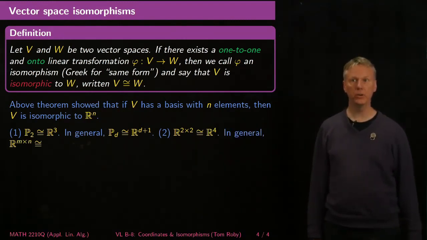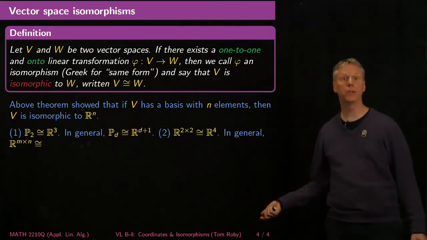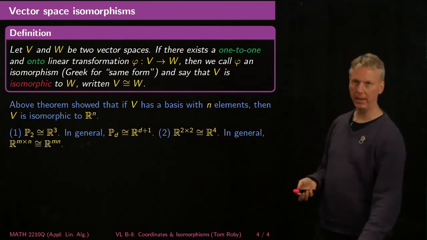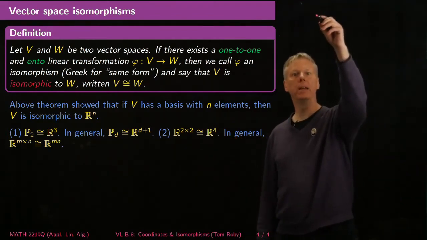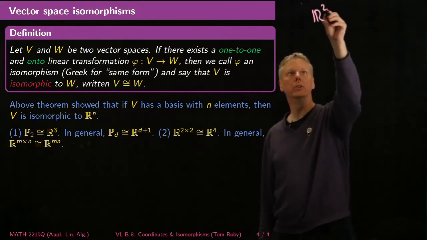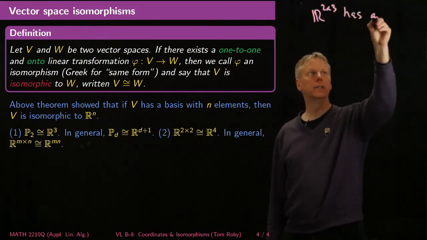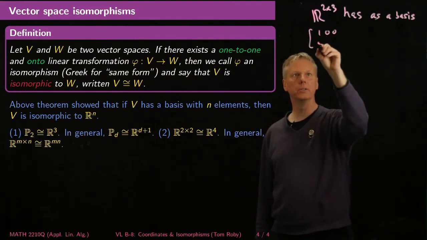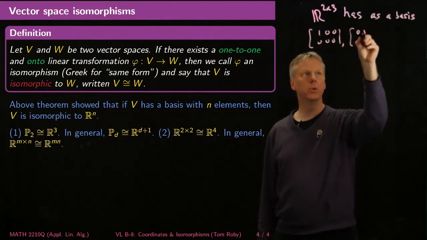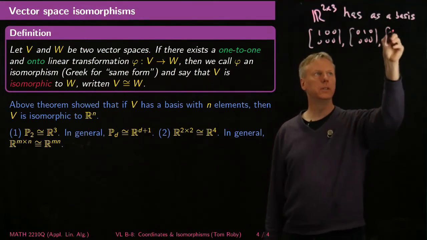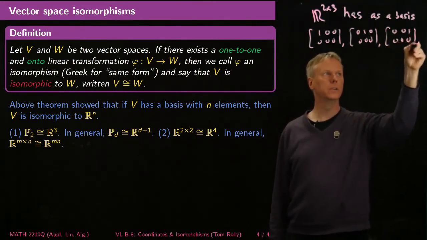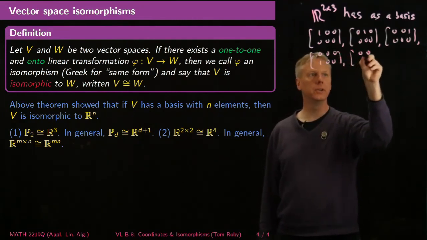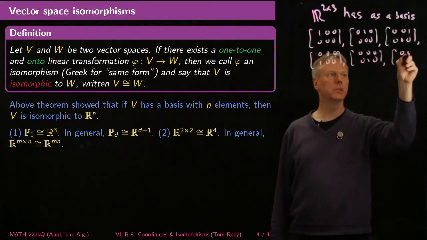In general, R^(m×n), the m by n matrices, should be isomorphic to R^(mn), right? And so all I'm saying is that a basis, for example, for R^(2×3) has as a basis the six matrices with a single 1 in one position and zeros everywhere else.